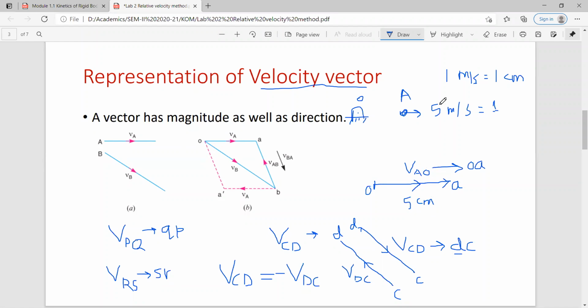If the velocity given was 25 meter per second, and I have chosen the scale 1 meter per second equal to 1 centimeter, then the line of the vector which I would draw will be equal to 25 centimeter.